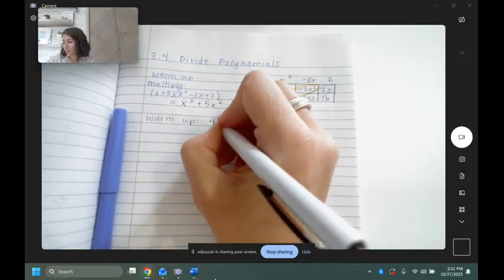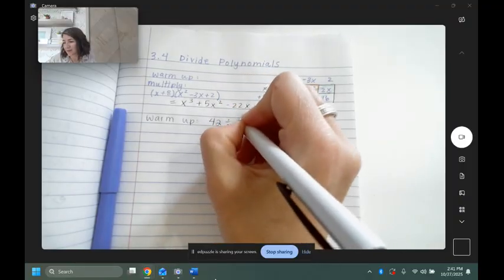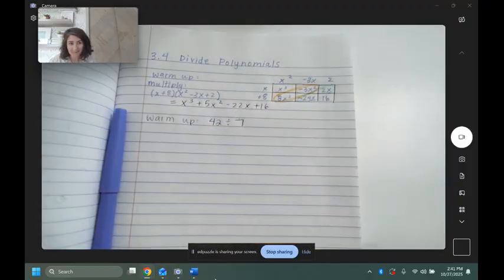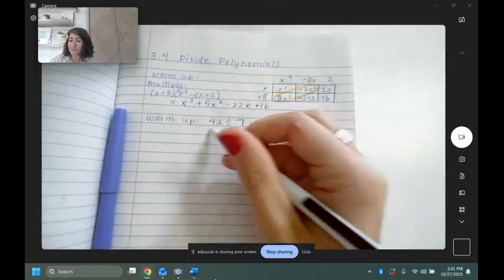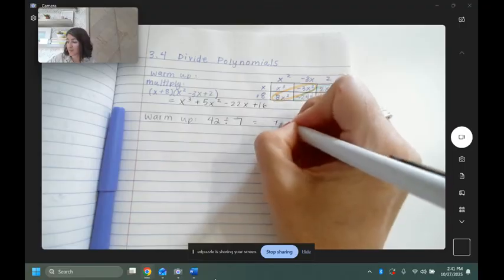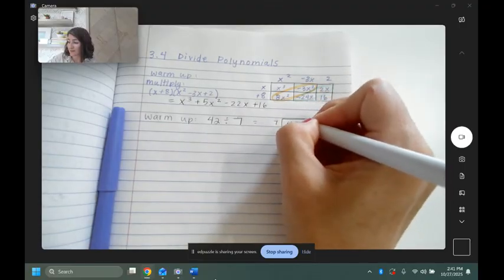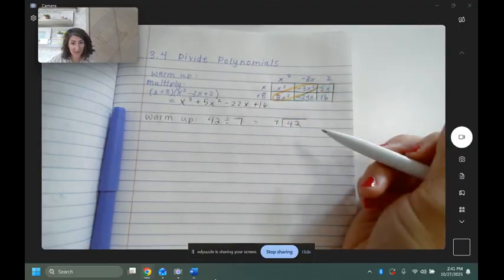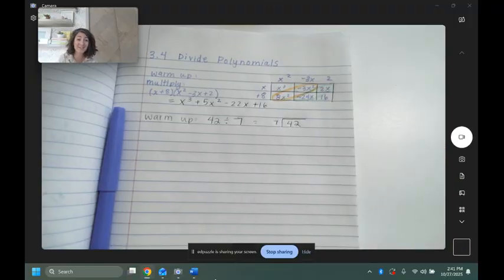If I had 42 divided by 7, something like this. Another way to write this, 7 with that little other division sign, 42. I want you to see the similarity here.